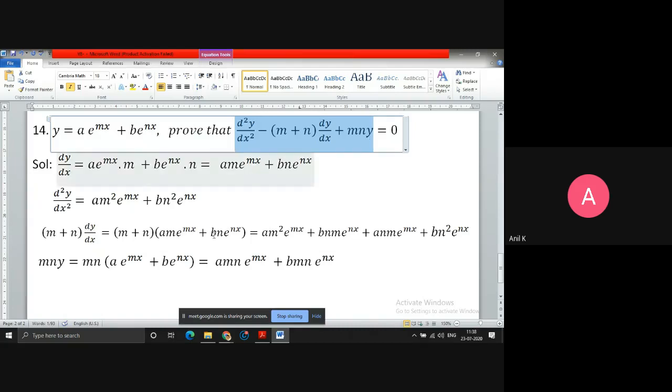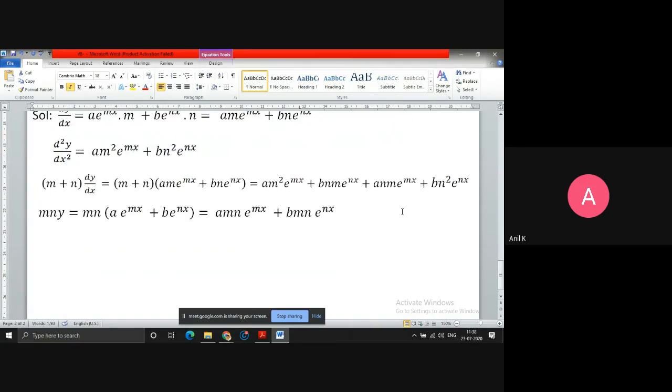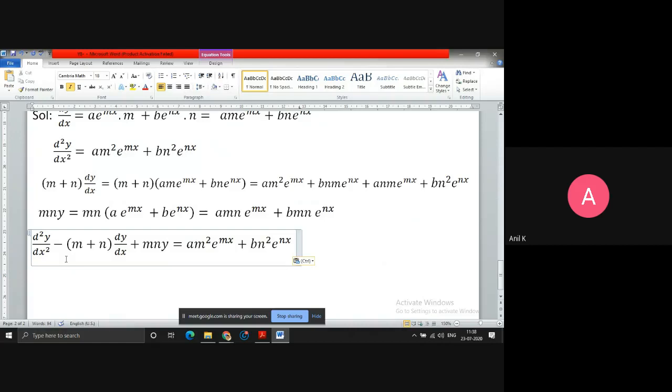Okay. So I think everything has to get cancelled, then only my answer is going to be 0. So if I take this one, let me see what you get. First d square y by dx square. Then minus m plus n into dy by dx.